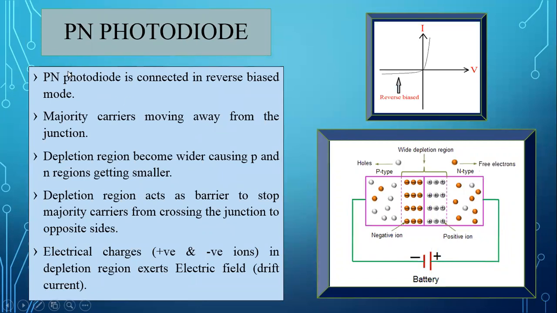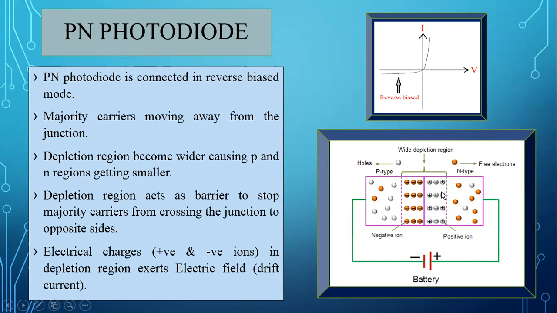Okay, as mentioned earlier, the PN photodiode is connected in reverse bias mode. This mode causes the majority carriers, which are electrons and holes, to move away from the junction. As a result, the depletion region becomes wider, causing the P and N regions to get smaller.